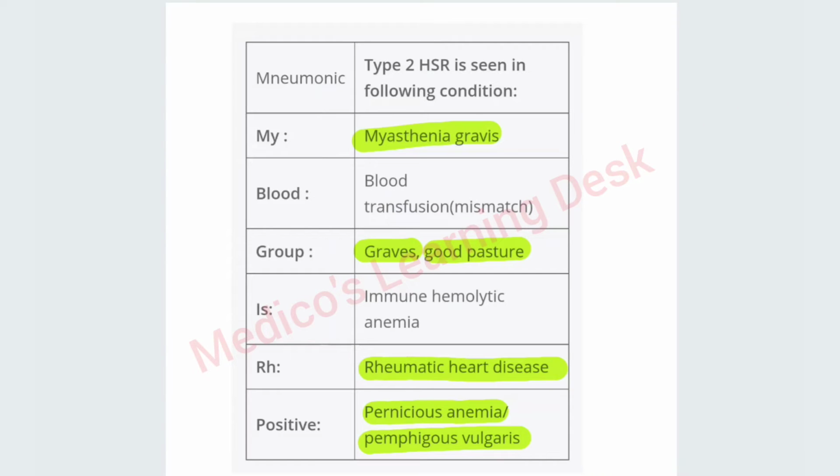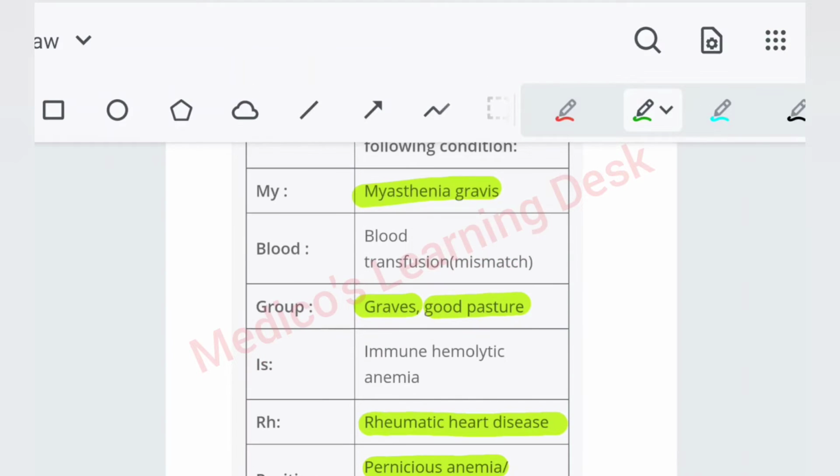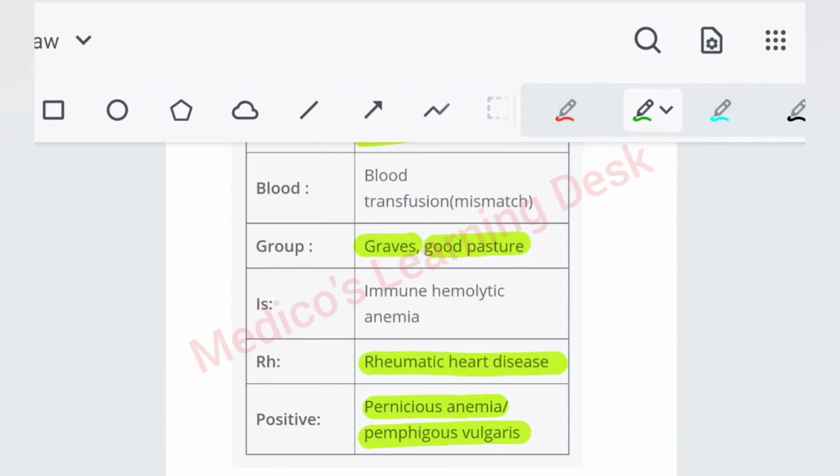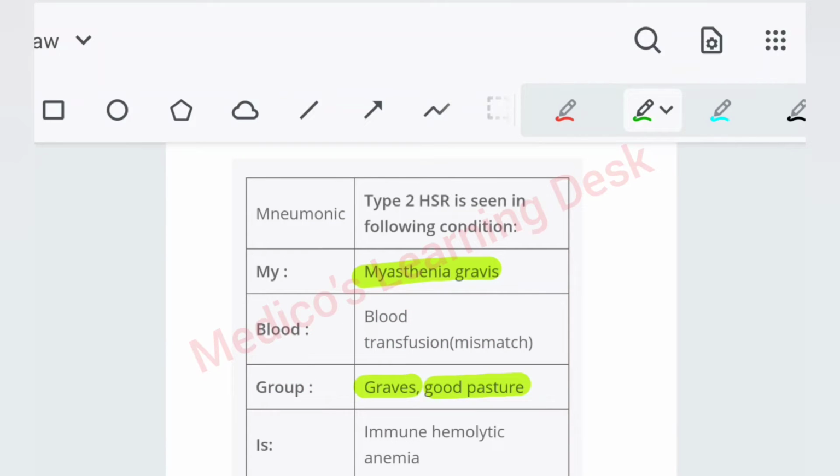What's the mnemonic for type 2 hypersensitivity reaction? The mnemonic is: My blood group is Rh positive. Okay, so My stands for myasthenia gravis. Blood group is for the blood transfusion mismatch reaction. So blood transfusion mismatch reaction falls under type 2.